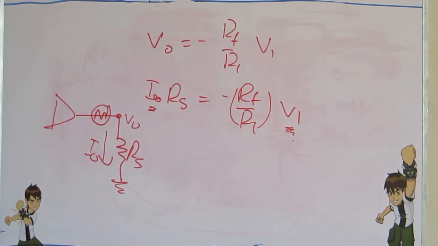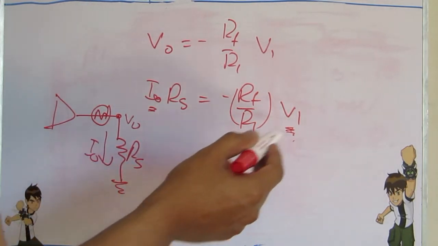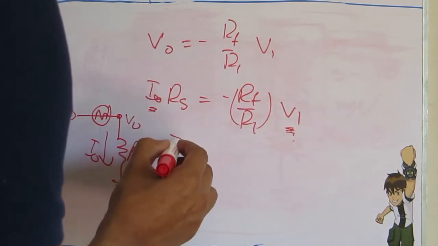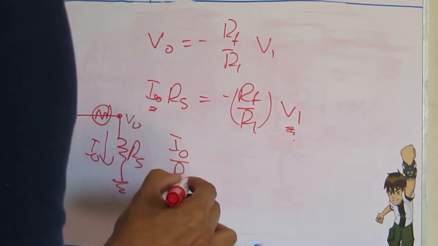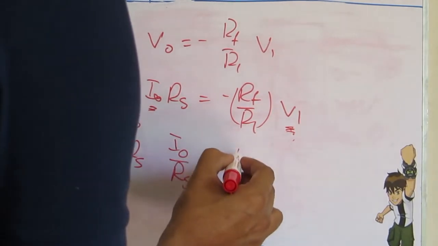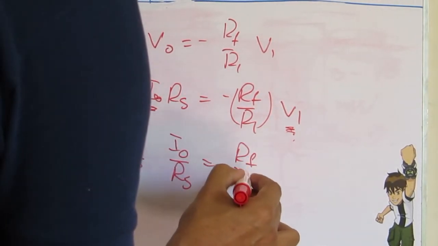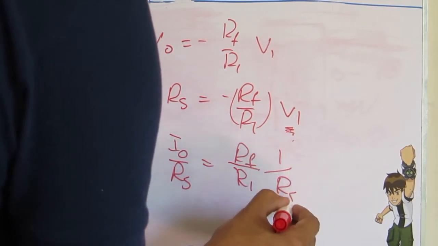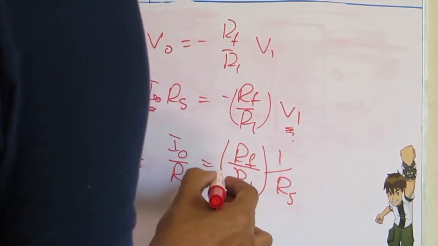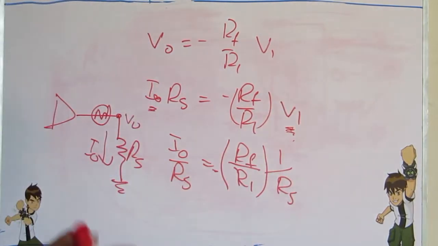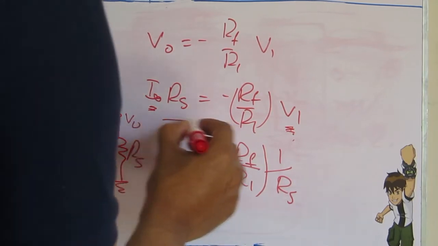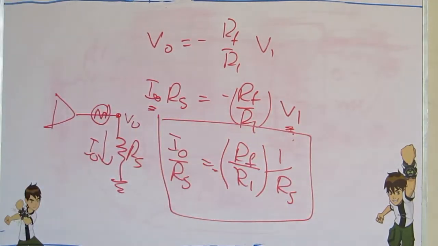So we bring V1 here and take RS over there, and we get I0 over V1 is equal to RF by R1 into 1 by RS, with a negative sign as well. This is the expression that we come up with.